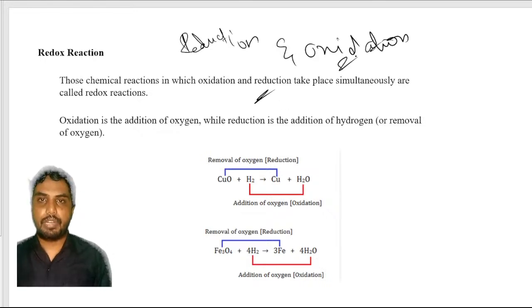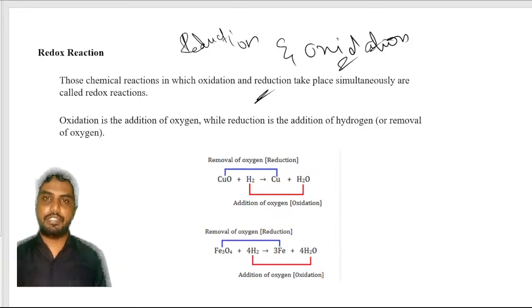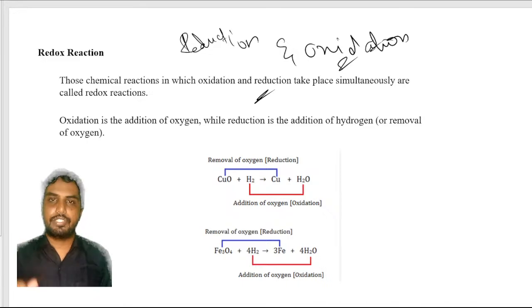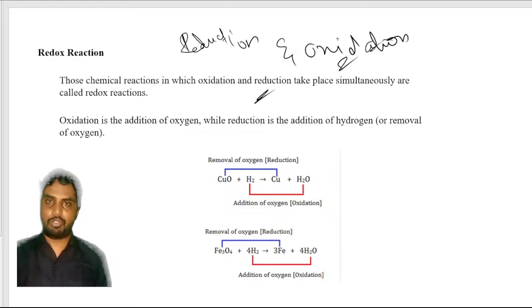These two things happen in the same chemical reaction. Both reduction and oxidation take place in the same chemical equation. It is called redox. Or else, if only one process happens, for example if oxidation alone takes place, it is called an oxidation reaction, or if only reduction has happened, a reduction reaction.